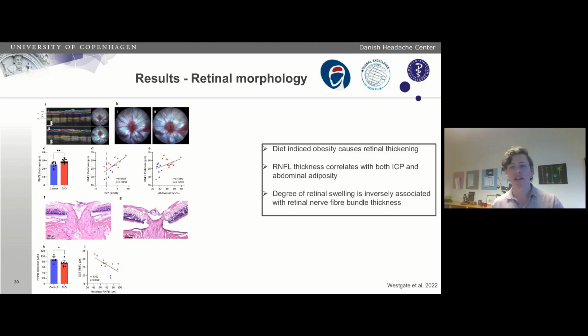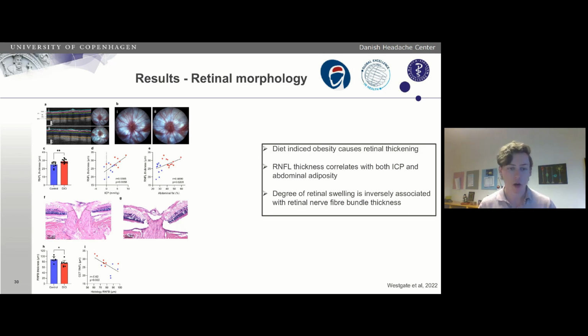So onto the retinal morphology in these rats. Here we show on the day of surgery that these diet-induced obesity rats have got a thicker retinal nerve fiber layer, i.e. there is a degree of swelling there. There's controversy in the field whether or not rats can actually get papilledema, but failing that, they have this retinal swelling, which we see.